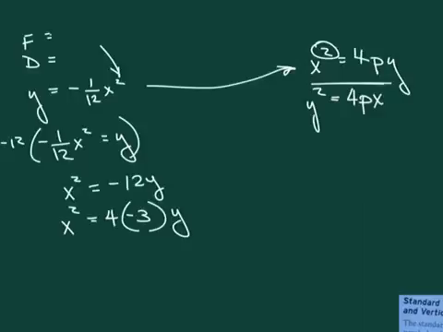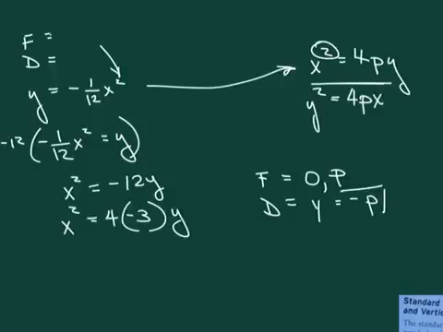So that's good. So my directrix, we said earlier, when we have it in this format right here, my focus is going to be 0, p, and my directrix then is going to be y equals negative p.